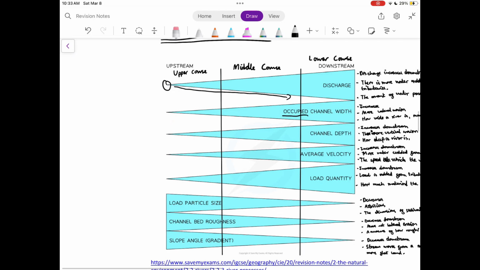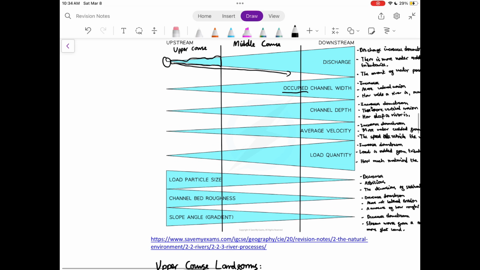So for example, in the upper course, you can see the characteristics is a low discharge because of the smaller triangle here. And that means lower occupied channel width, lower channel depth, lower average velocity, lower load quantity. However, there's a large particle size, a large channel bed roughness, and a large gradient.